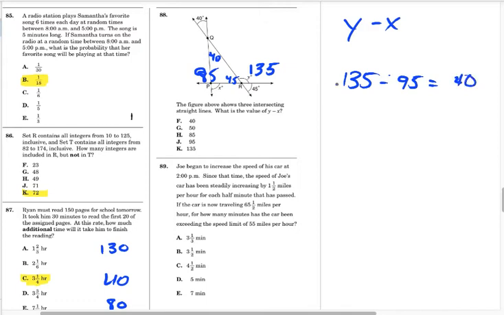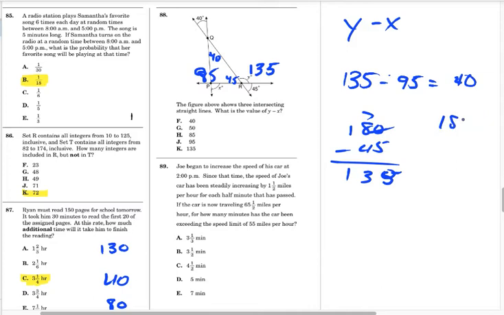However, I screwed something up there. So I think it's right here where I screwed up. We have 180 minus 45, 135. So y is 135. What happened over here?